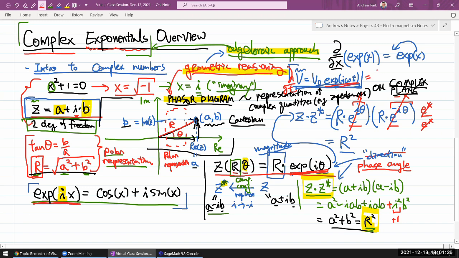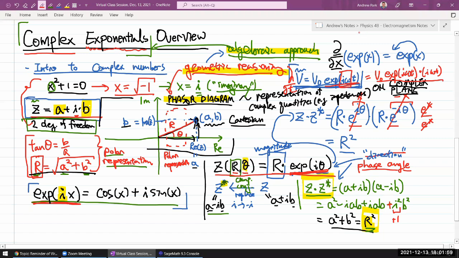You simply get V naught exponential of i omega t back. You have to remember to apply the chain rule to get this factor out. And the kind of derivative you have to take is much simpler when you're dealing with the exponentials. So as you're dealing with the equation of motion, you will also see that calculus becomes easier.